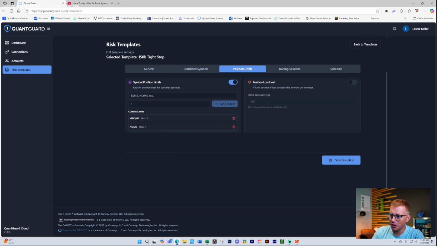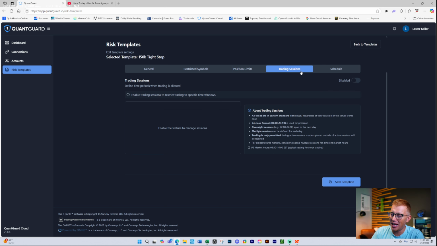I don't have a position loss limit because my loss limit for the day is 400, which is pretty low, so there's no need to use it. I don't have anything currently set for my trading sessions. I really thought about this, and I might set it up in the future, basically where I cannot trade from 9:30 to 10 o'clock and from 3:30 to 4 o'clock.